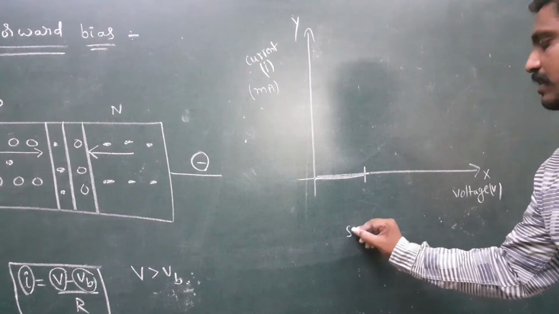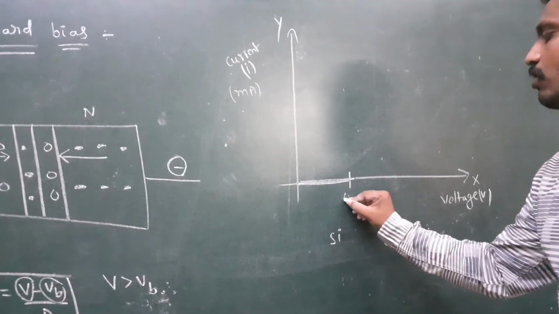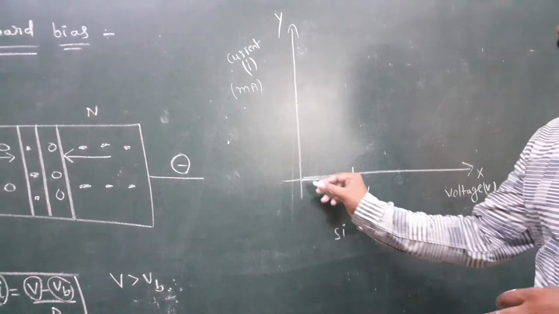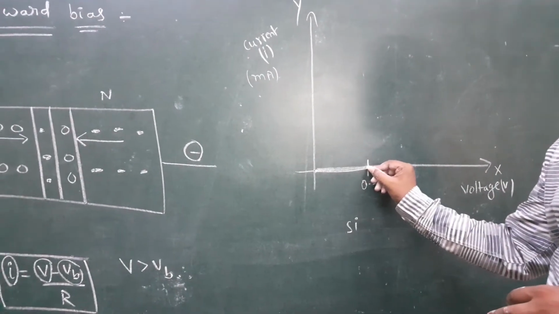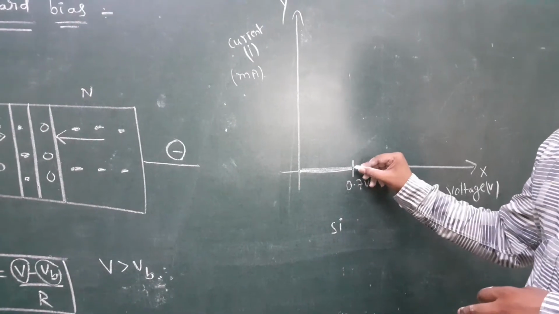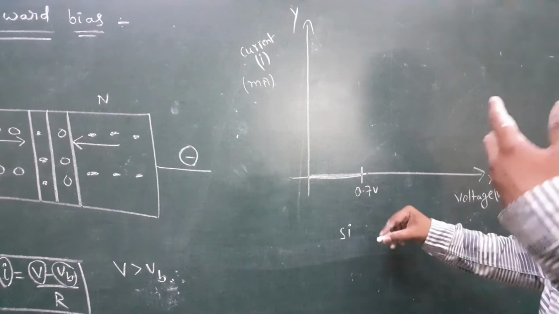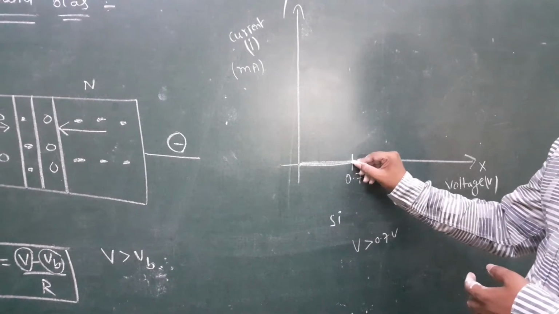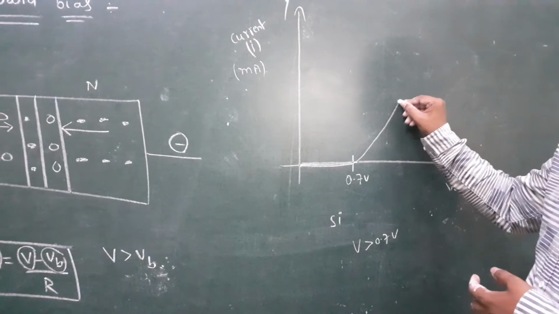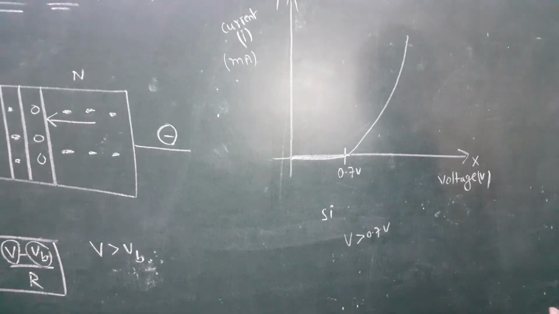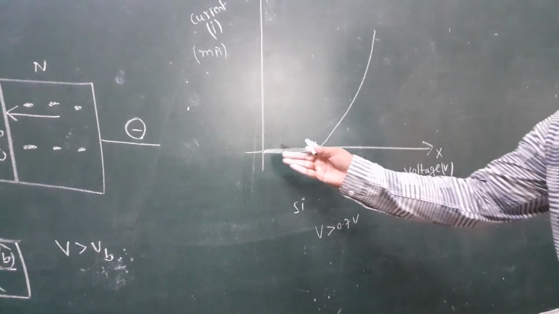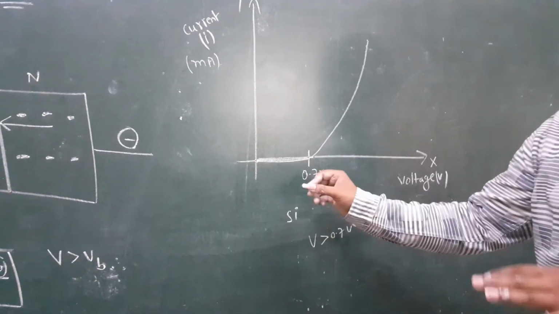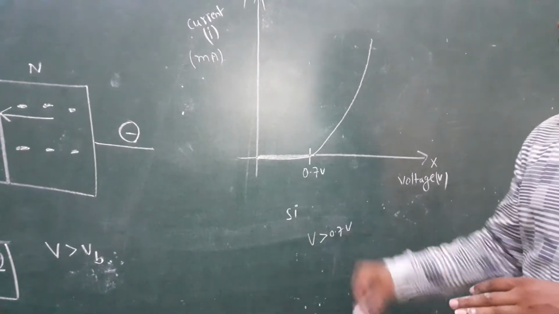For example, take silicon, whose barrier potential is 0.7 volt. Up to 0.7 volts no current flows. After the applied voltage becomes greater than 0.7 volts, the current increases. Initially the applied voltage increases but the current is 0 up to the barrier voltage.